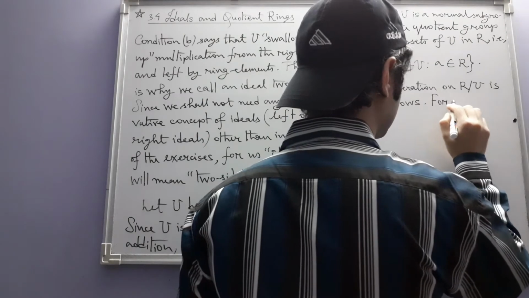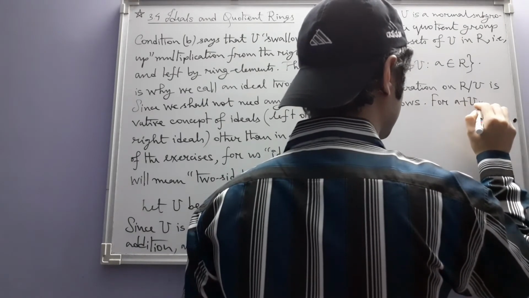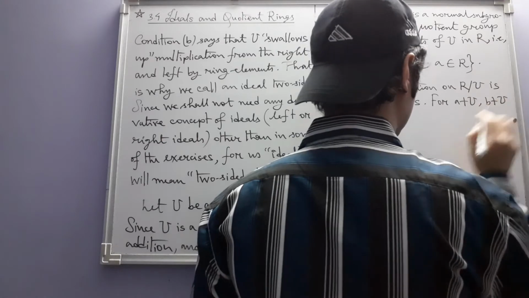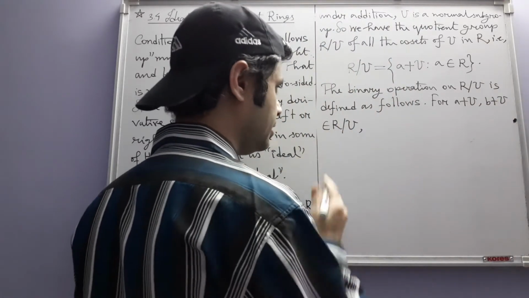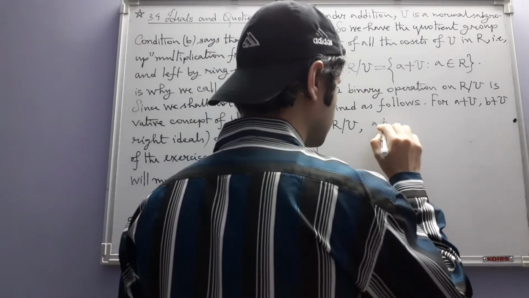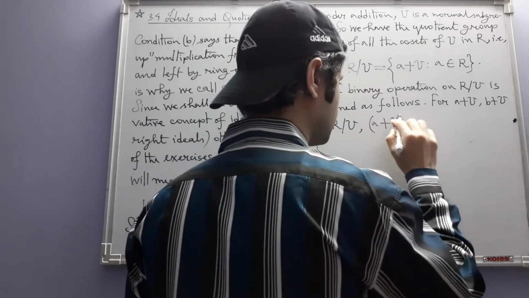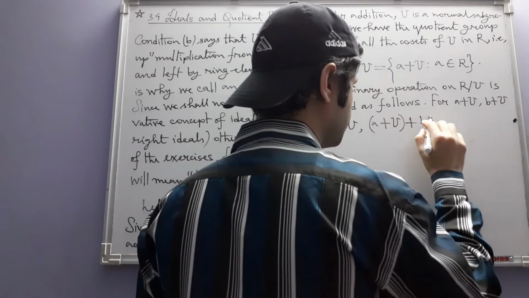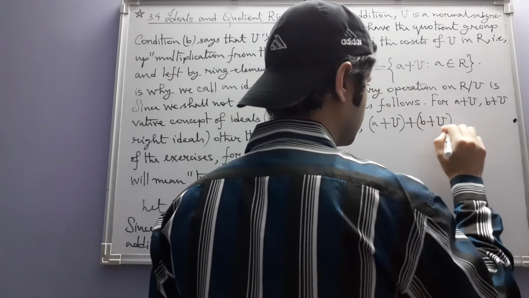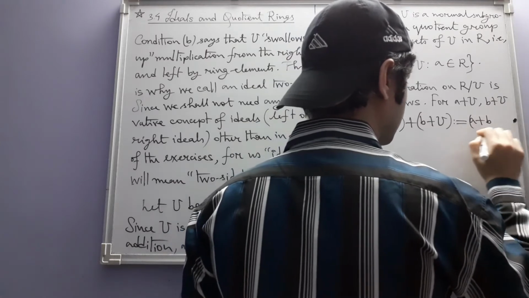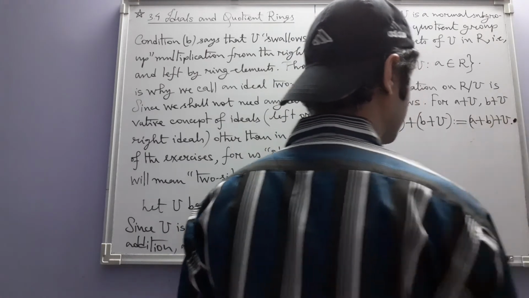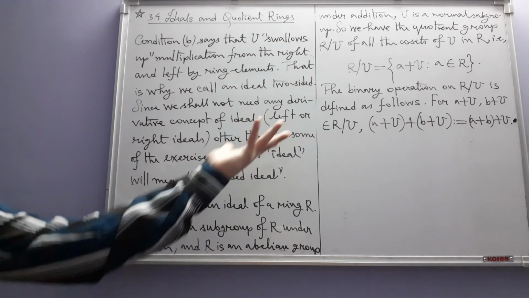For two such cosets in R by U, their sum is defined to be this. And we already know these things.